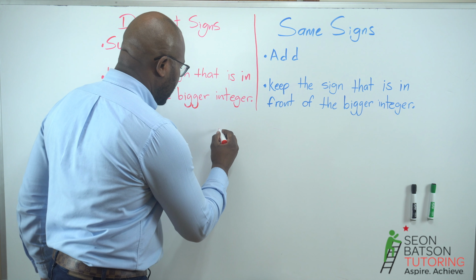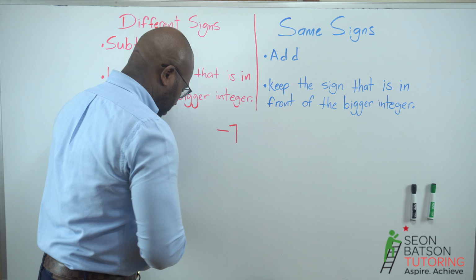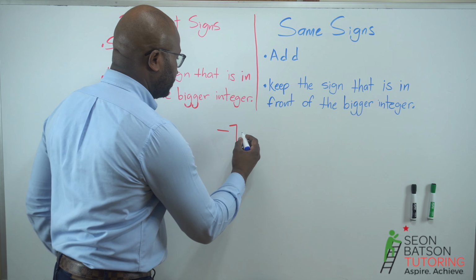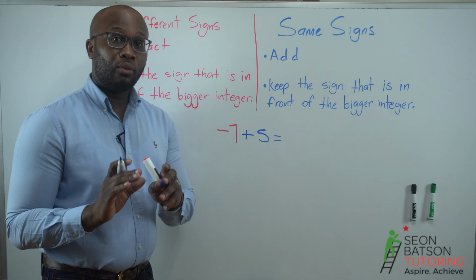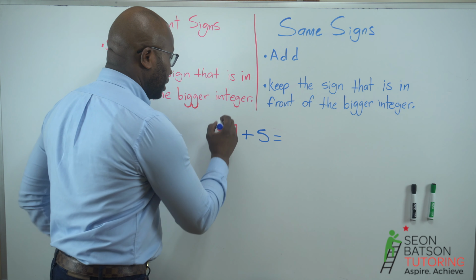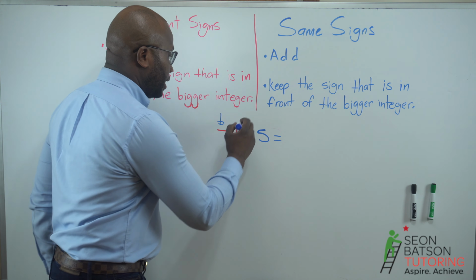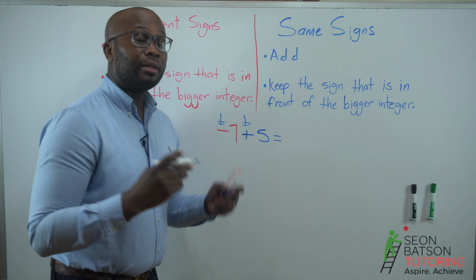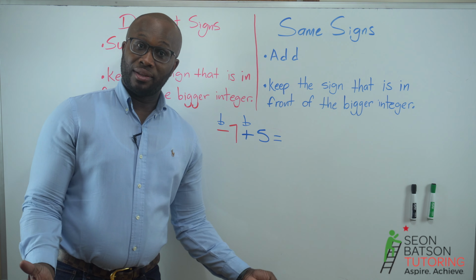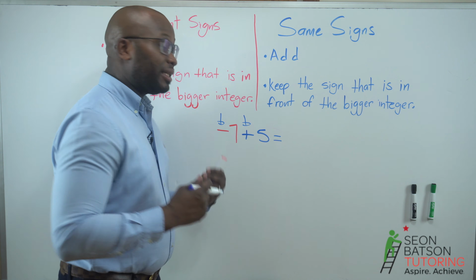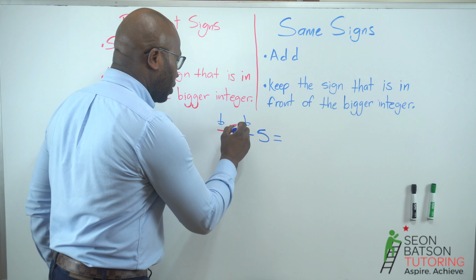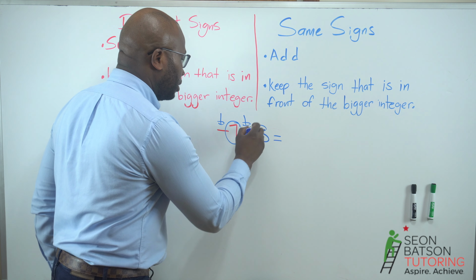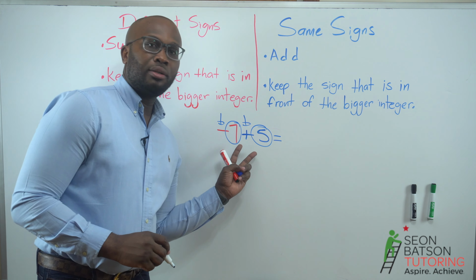Let's say we have -7 and +5. So here again, we have two signs. Here we have a negative sign. Here is a positive sign. The signs are different. So because they are different, we are going to subtract. Now, when we are subtracting, don't confuse yourself, we are only subtracting the integers.